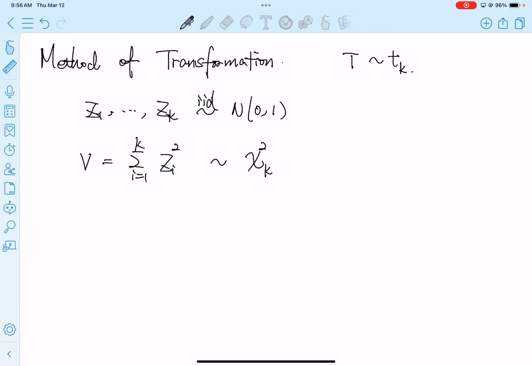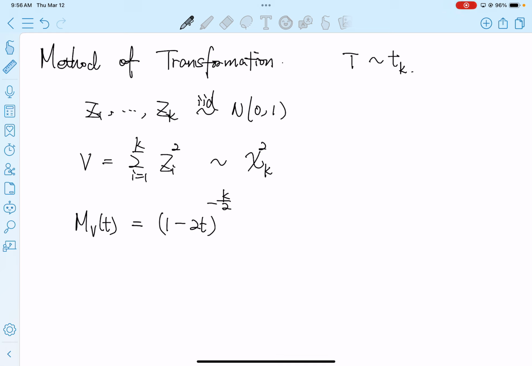Last time we provided the moment generating function of this variable. If you look up your lecture notes from Tuesday, the moment generating function of this chi-square random variable is equal to (1 minus 2t) raised to the power of negative k over 2. We use the moment generating function to show this is the moment generating function for the random variable V, the chi-square random variable.